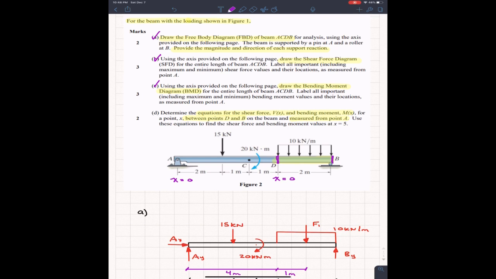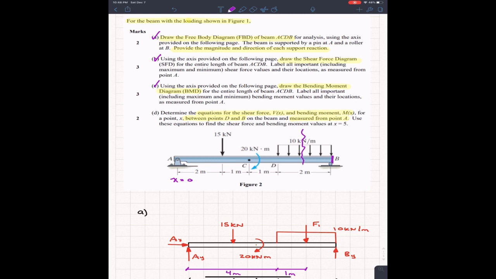We can't use integration, or you can, but you're going to have to use some special fancy stuff. So I don't recommend integration, because integration assumes our x equals 0 is right at the distributed load. However, this question wants us to assume that x equals 0 all the way at point A. So if that's the case, then I find the easiest way is to cut the beam.